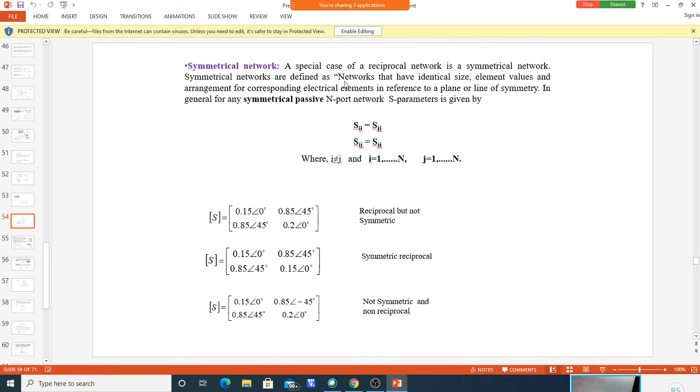Symmetrical networks are defined as networks that have identical size, element values, and arrangement of corresponding electrical elements in reference to a plane or a line of symmetry.